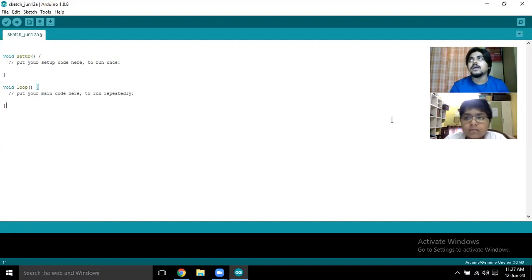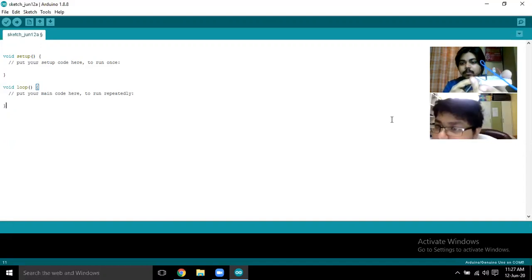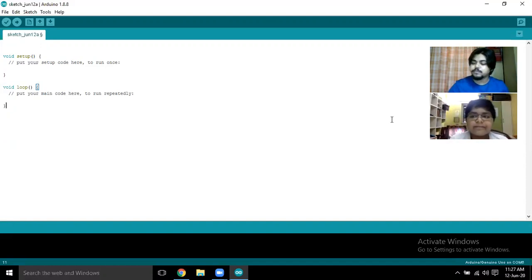If we are connecting an LED, you can see that an LED is present on the breadboard, and there are two wires, one for the ground and one for the digital pin to which we will be connecting. So I will have to take a variable with the name, let's say, LED pin, or LED. I will declare a variable called LED.